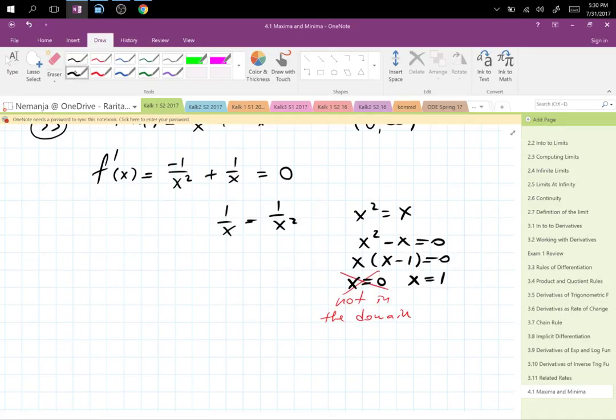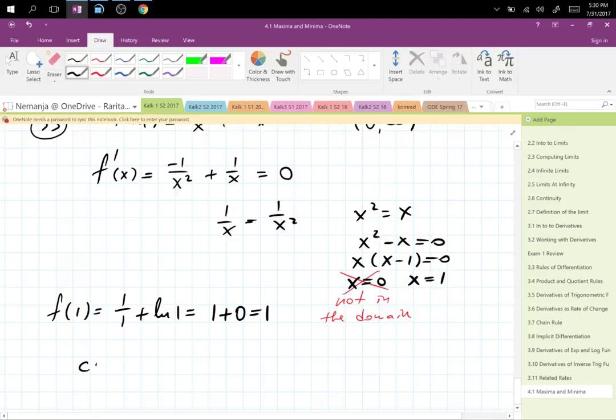So now what I do with that critical number is I plug that back in the original equation. So f of 1 is 1 over 1 plus ln of 1. How much is ln of 1? Very good. So we have our critical point at 1, 1.